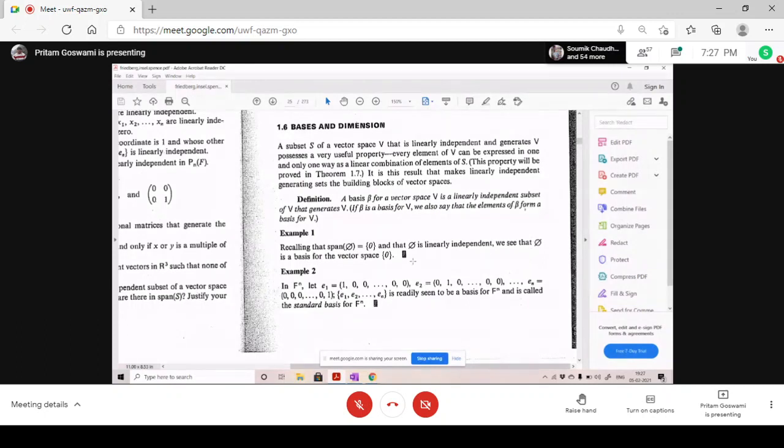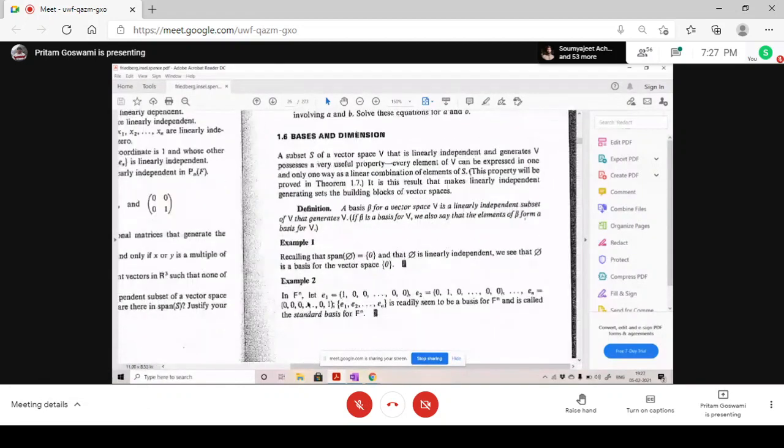So the basis for the zero space is phi. Here is also the example I told you yesterday. I gave it for R3, and they are just giving it for Rn. Can you see it? Example 2.